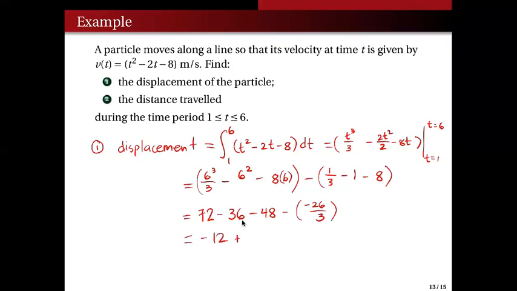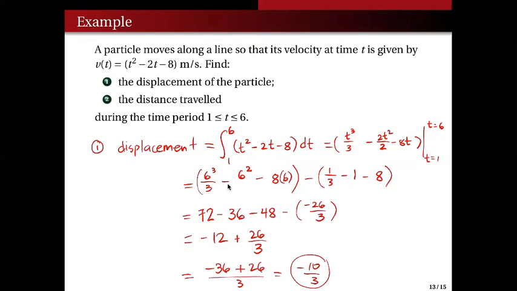Then here you have plus 26 over 3. If we simplify this, we will have minus 36 plus 26 over 3, and this is negative 10 over 3. So this is the displacement. Okay?